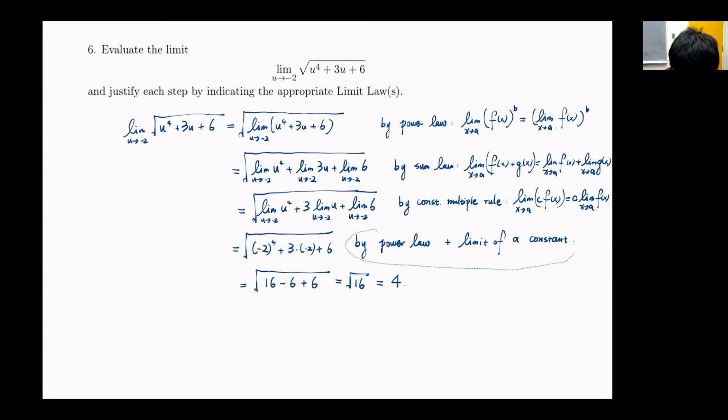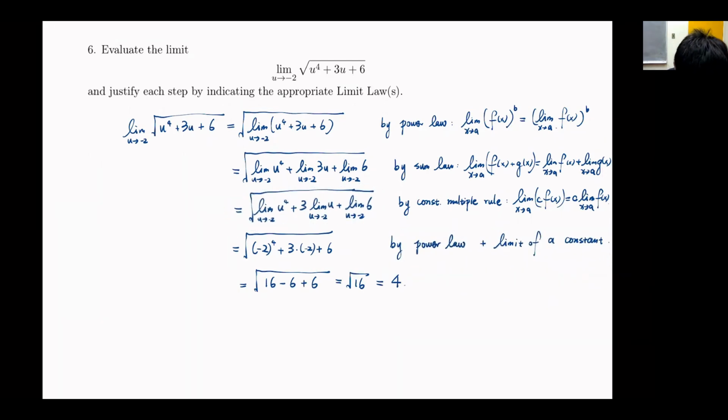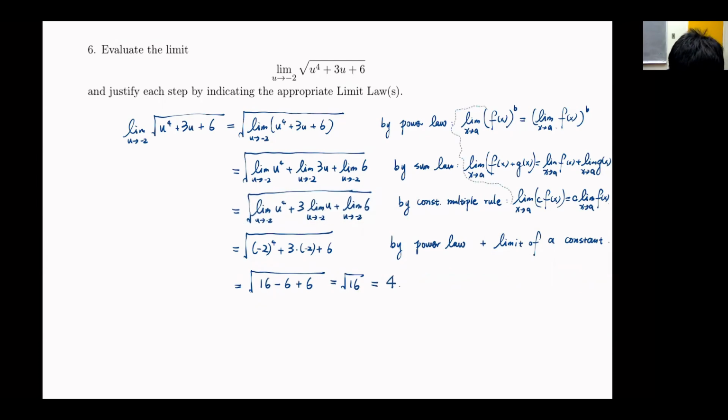Okay, so let me just briefly mention what's going on. In an exam, you will not be asked to write down the details of what each law actually means. So this part of the steps, you do not need to write. So let me actually mark them in green. All you need to say is by power law, you have this, and by sum law, you have this, and then by constant multiple law.